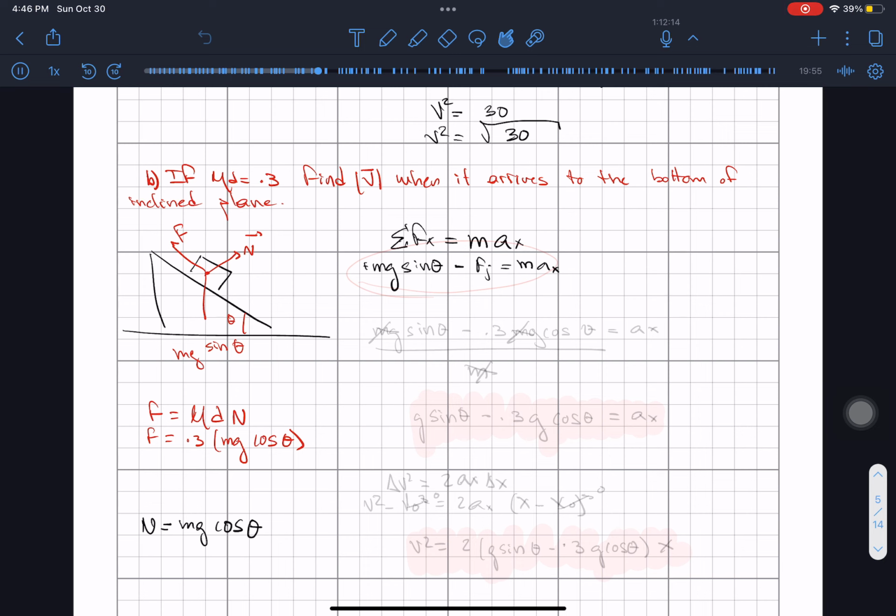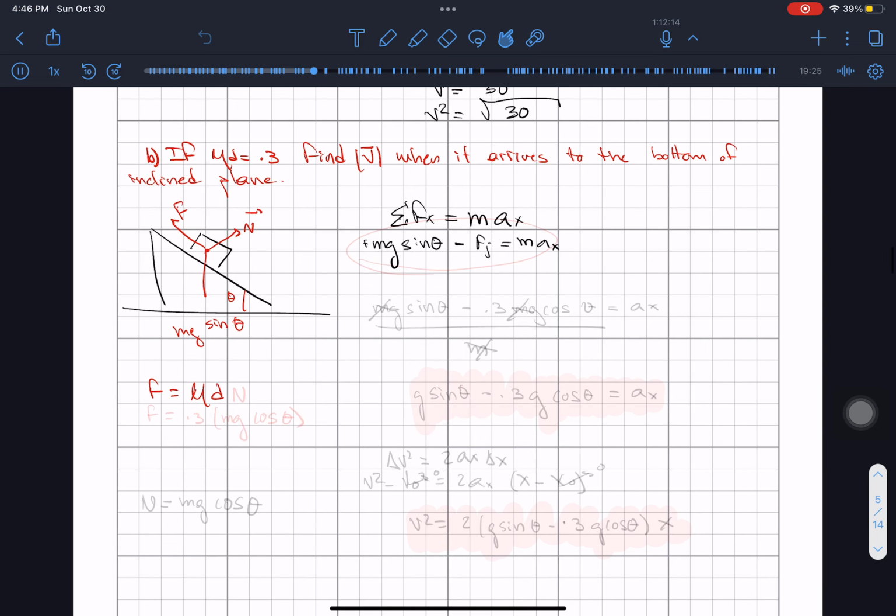Let's plug in the values into this equation.